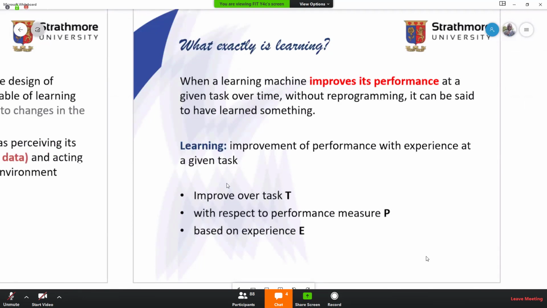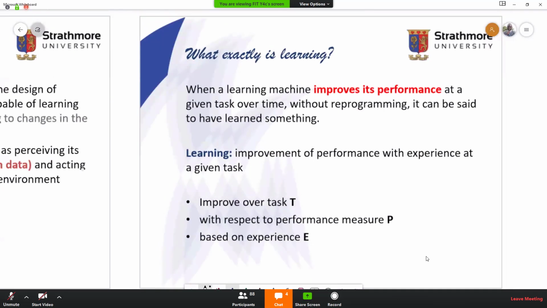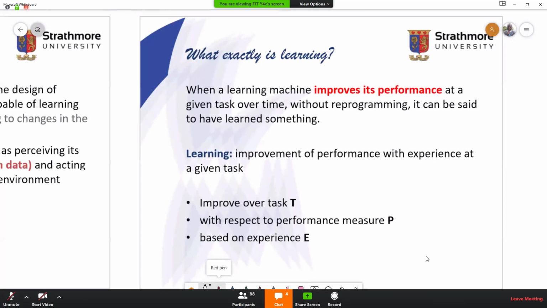Fine. So what exactly is learning? It is this aspect of improving. The machine is able to improve its performance. That is the main thing here: the improving of performance over time, as it consumes more and more data. So learning is by improvement of performance.